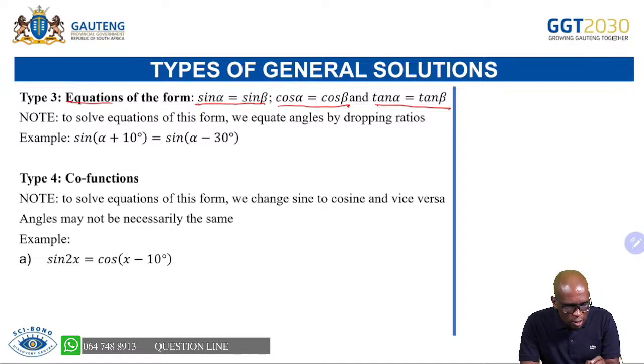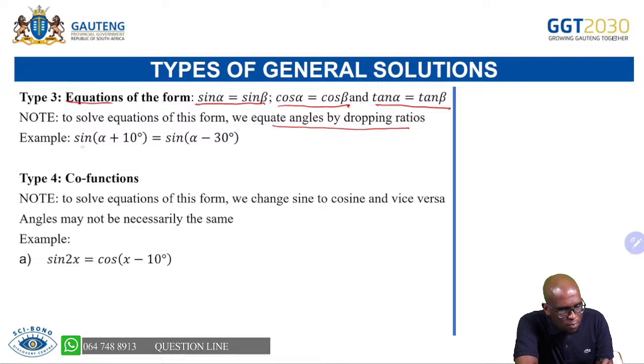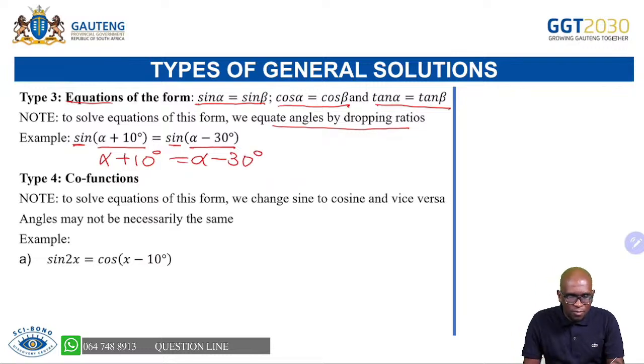So to solve equations of this form, we equate angles by dropping the ratio. Here, because we have sine and sine, the angle is alpha plus 10 and the angle is alpha minus 30. So our reference angle comes from alpha plus 10 equals alpha minus 30, and then from there we will proceed to solve for that one.